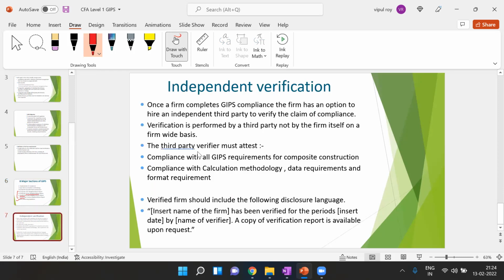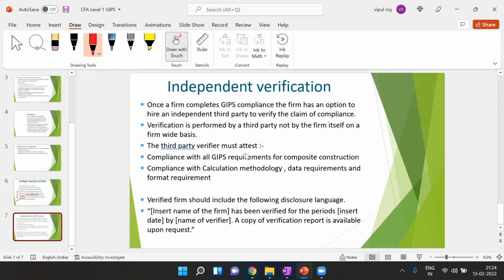Moving on, the last point is independent verification. Generally, firms are encouraged to pursue independent verification of their compliance with GIPS. Verification here is not applicable only for a selected composite, but has to be done for the entire firm, right?